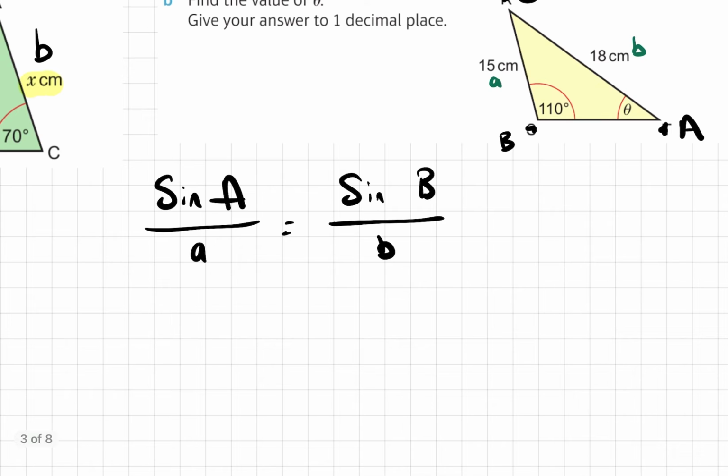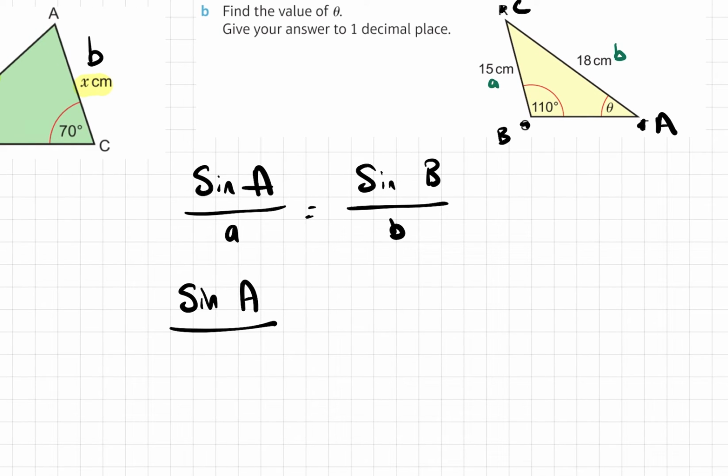So let's plug these numbers in. Sine of A, we don't know it, over a, which is 15, equals sine of B, which is 110, over the opposite, 18.